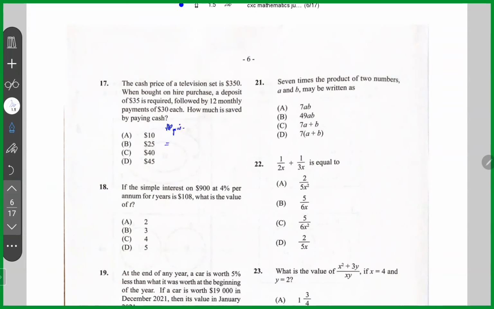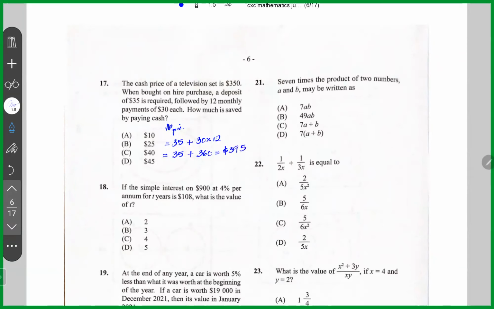Well, that would be equal to the deposit, which is $35, followed by 12 monthly payments of $30. So this is 35 plus 360. So this would be $395.